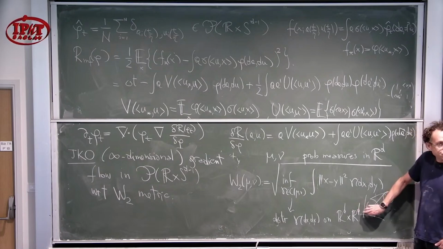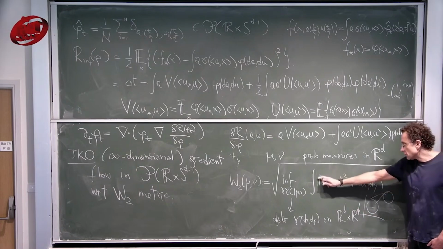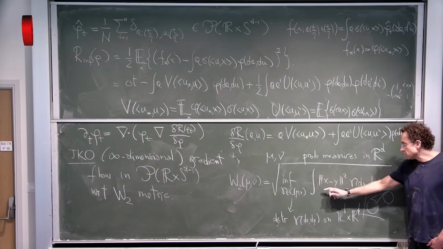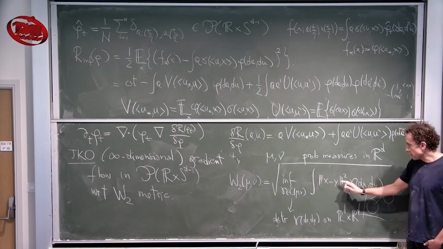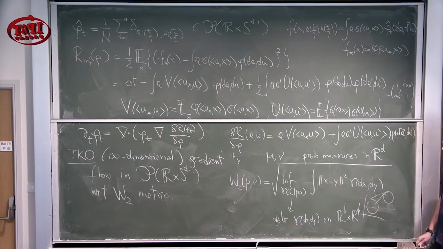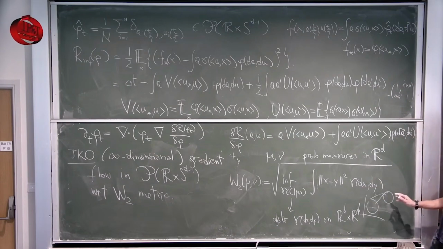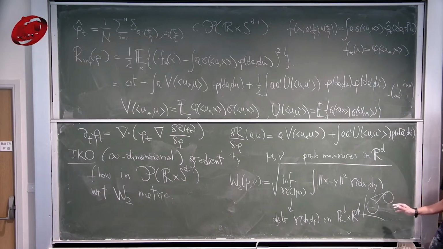This is the mean work that I should do if I measure work by the square. So this is a measure of a metric between probability measures.